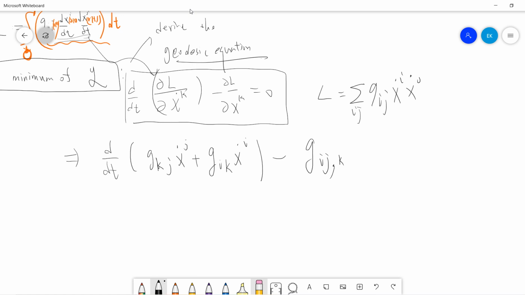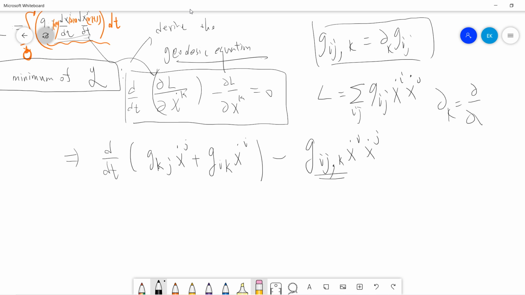Here the derivative with respect to k means partial derivative with respect to x^k, so that is the partial k of G_ij. So this one is basically G_kj x^j double dot, plus the derivative with respect to t of G_kj.